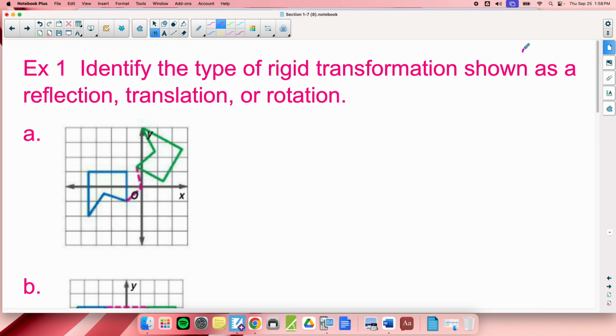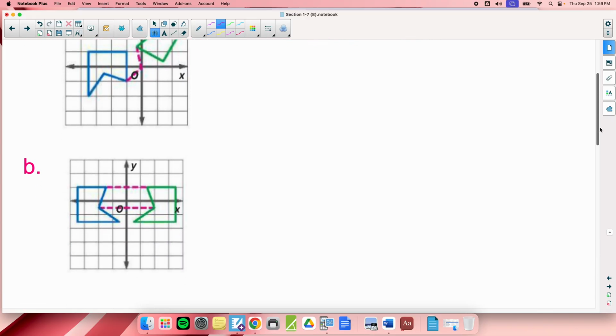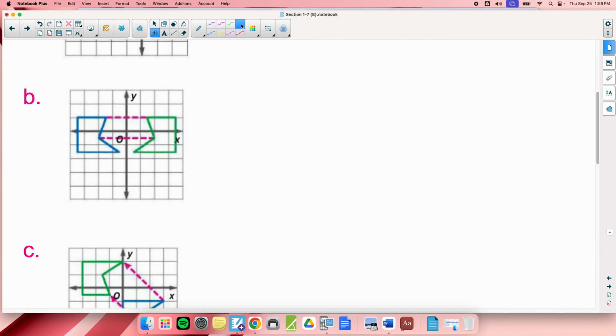Now, if you guys go to this page right here, all we have to do on this is say whether it's a translation, rotation, or reflection. What do you guys think this one is? Rotation. Rotation, very good. Okay, then if I go down to B, what do you guys think that one is? Yeah, it's reflected. Can you tell which axis it's reflected over?